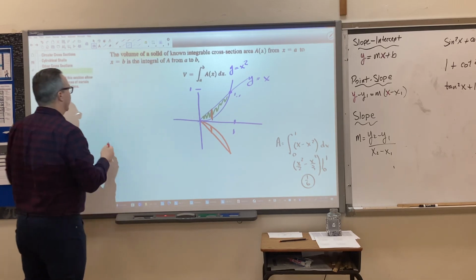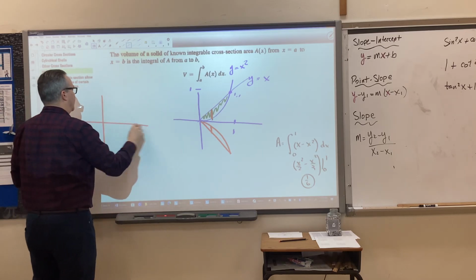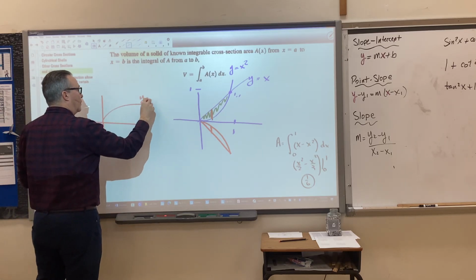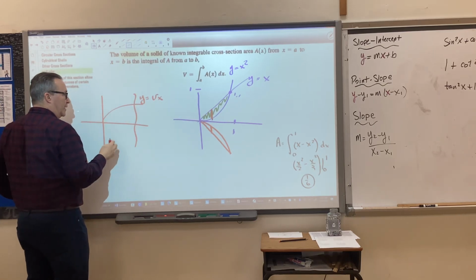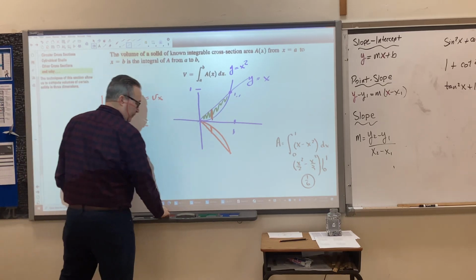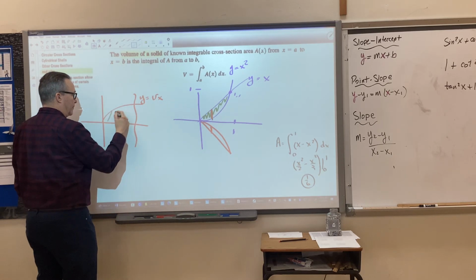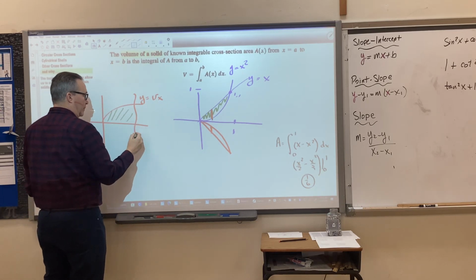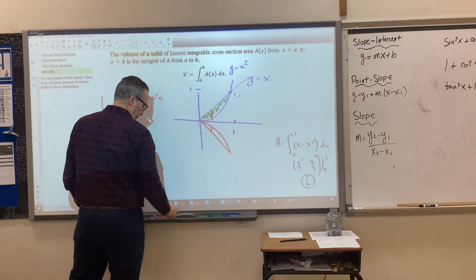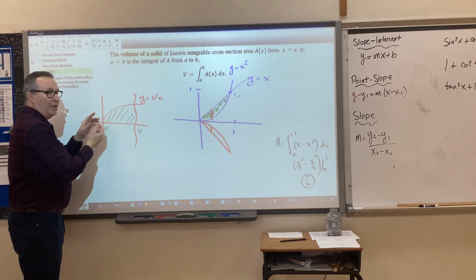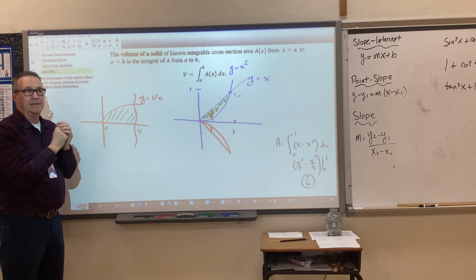Yeah, let's make it easier. y equals the square root of x. Let's just find this area from 0 to 4. And revolve this area around the x-axis.